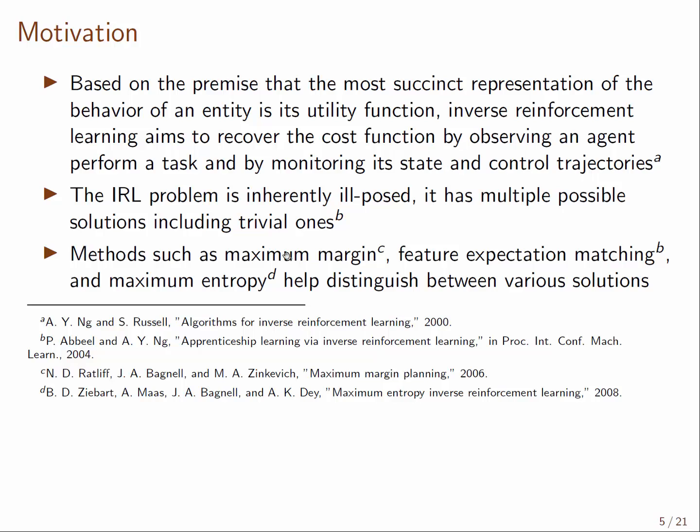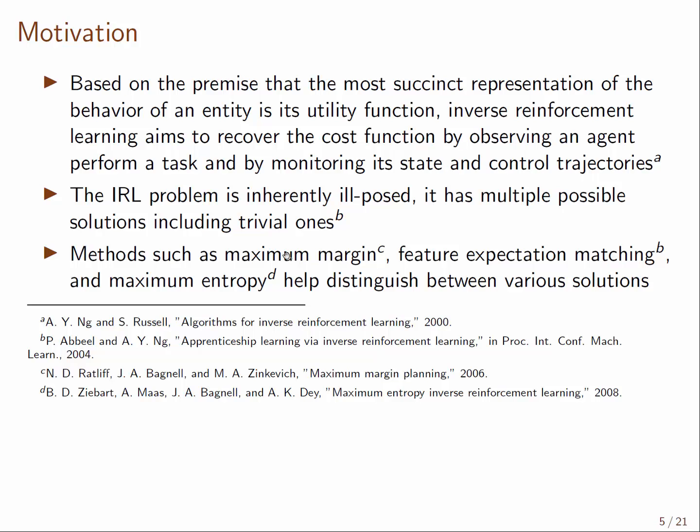So by estimating the utility function, we can then hopefully reproduce the task that they were doing using similar dynamics or even a completely different dynamic system. The objective of inverse reinforcement learning then is to recover this cost function by observing an agent perform a task.